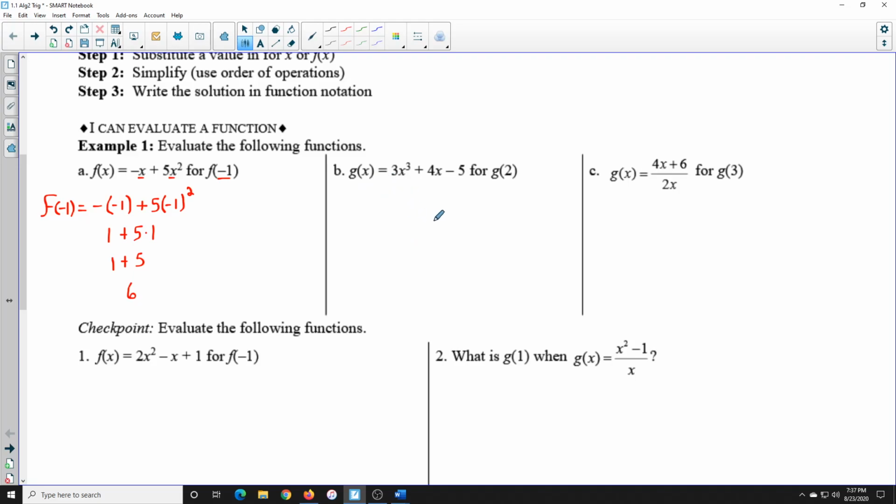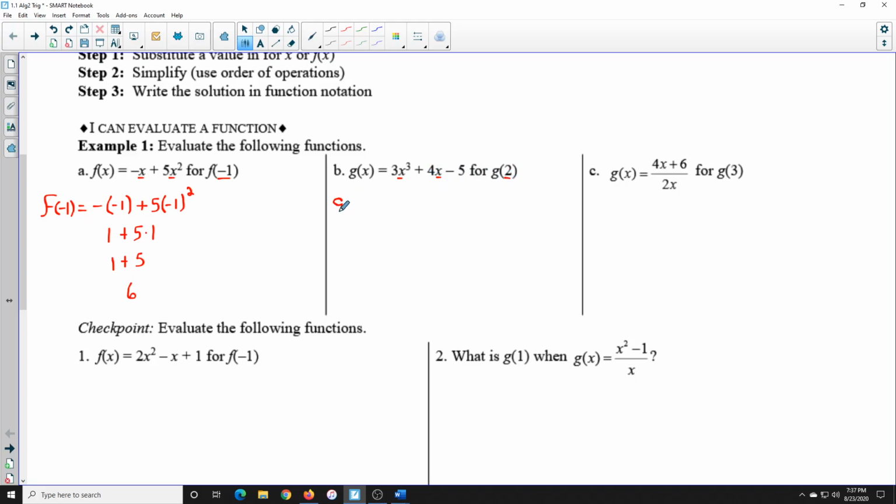Example B, so g of x. So g of x is, again, just another way of saying y, but it's in function notation. So the same thing that we did here, it's just another type of function. We're plugging in this 2 in for all of our x's. So there and there, we're plugging this 2 in.